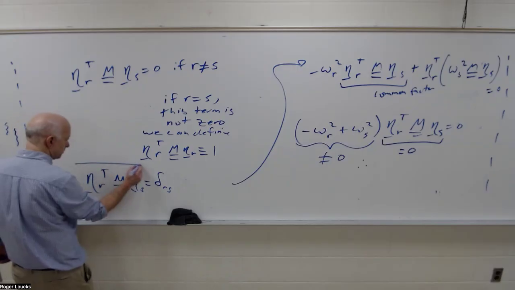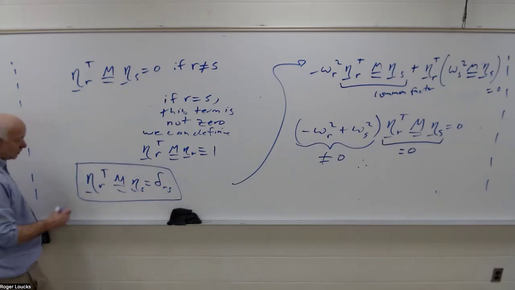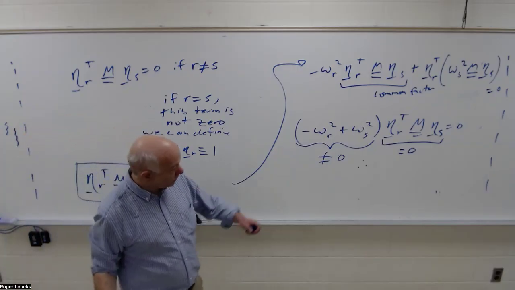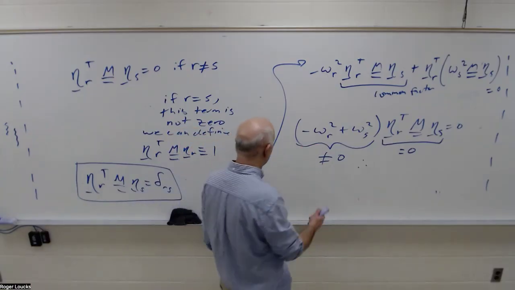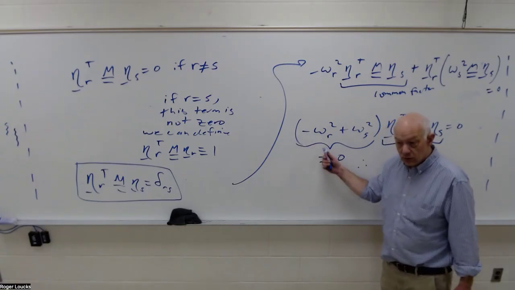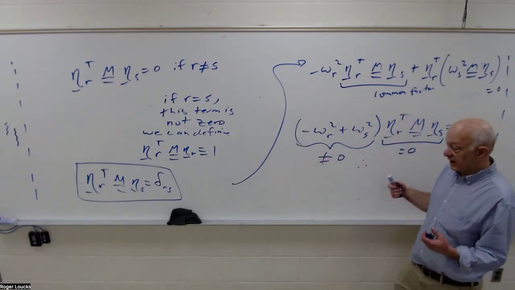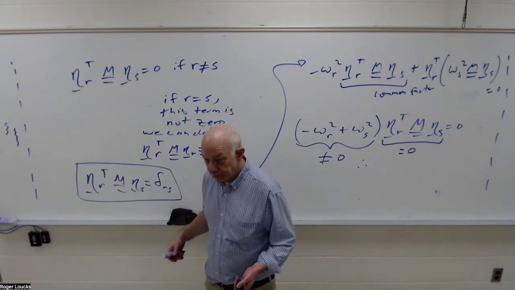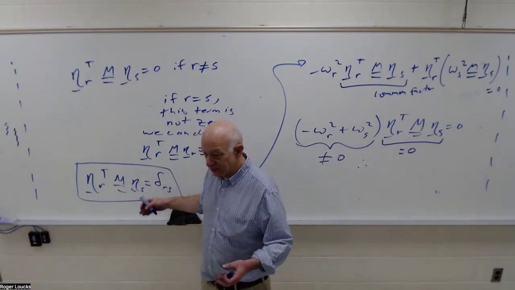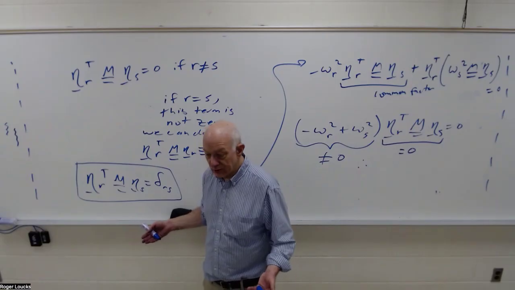How do you know it's not 0 if they are equal? Because you have everything being positive, they're all the same, it's kind of like having something squared. It's not going to be 0.